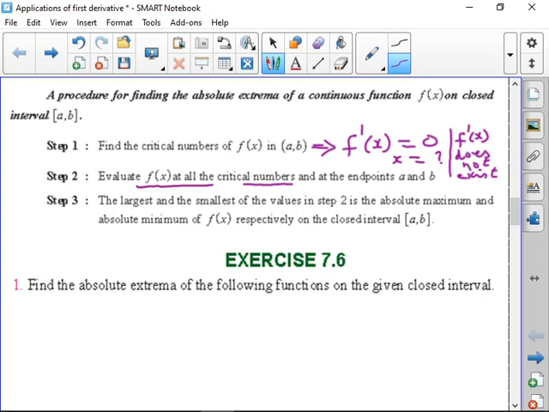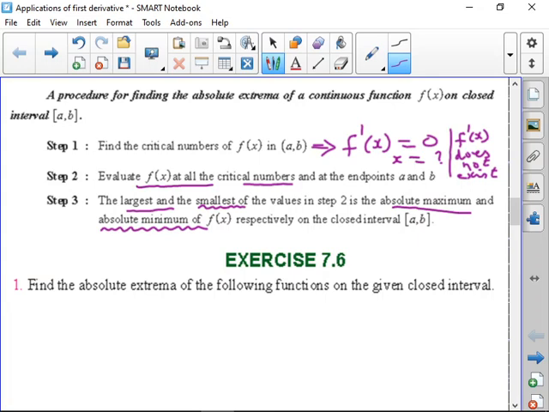The largest gives us the absolute maximum and the smallest gives us the absolute minimum in the closed interval a comma b. Is it clear, all of you?